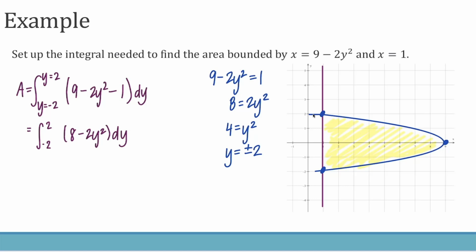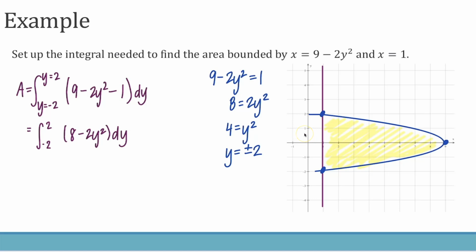So this is the setup of that integral. We don't have to solve it based on the instructions, but I do want to point out that there is another way to express this area using symmetry. So notice that the area from 0 to 2, so just the top half here, is the same amount of area as the part that's below the x-axis. There's symmetry along the x-axis.